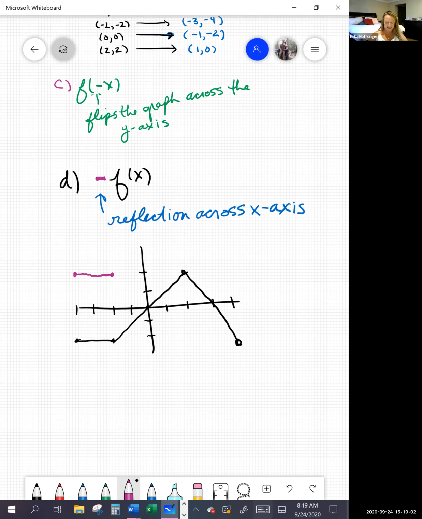My origin is going to stay the same, the sign of 0 is still 0. Here at 2, 2, it's now going to become 2, -2. And this point here at 4, -2 is now 4, 2. And then 3, 0 is still 3, 0.